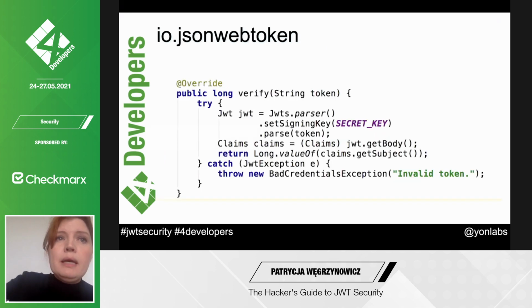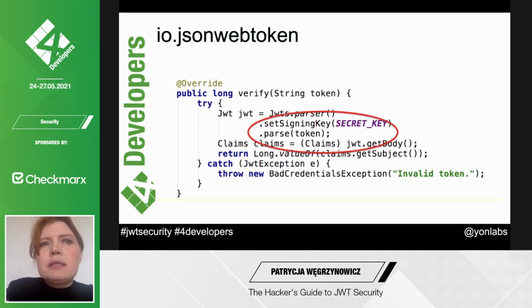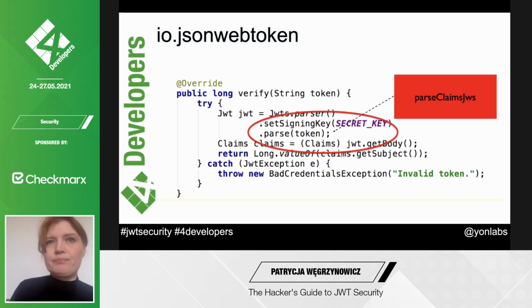The problem here is in the code, obviously. We have a vulnerability in our verification code. And unfortunately, it's a mistake one can make very easily. What's the mistake? At first sight, our verifying method looks fine. However, it's not.